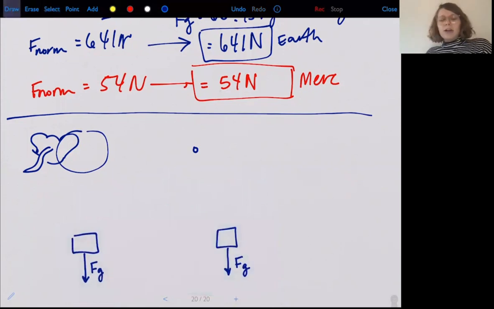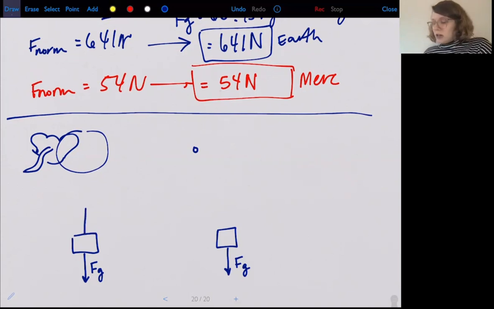It says that I wanted you to draw a free body diagram of each object in free fall showing your answer to part A. So remember, when we're doing these free body diagrams, we care about the magnitude or the size of the vector, the lines that we're drawing, as well as the direction. So we know the direction of air resistance will be the opposite of gravity.